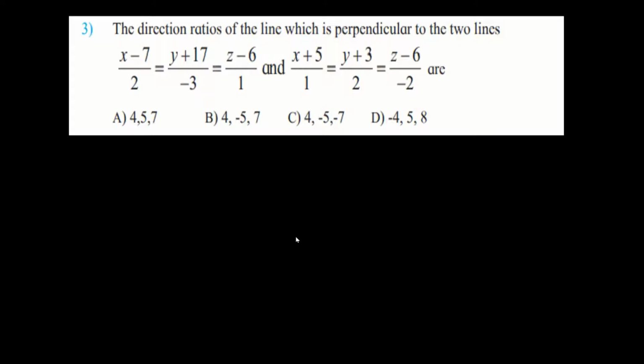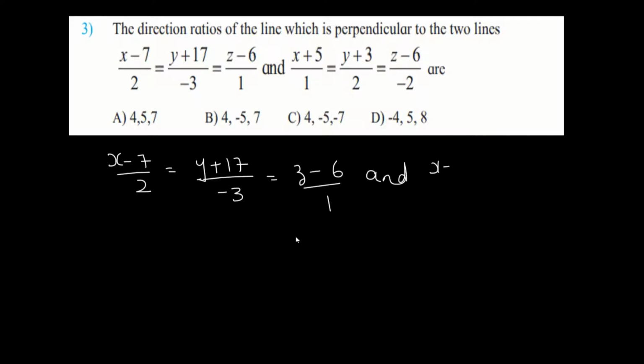So the given equations are x minus 7 upon 2 is equal to y plus 17 upon minus 3 is equal to z minus 6 upon 1. And the other one is x plus 5 upon 1 is equal to y plus 3 upon 2, which is equal to z minus 6 upon minus 2. So suppose the first one is line 1 and the second one is line 2.